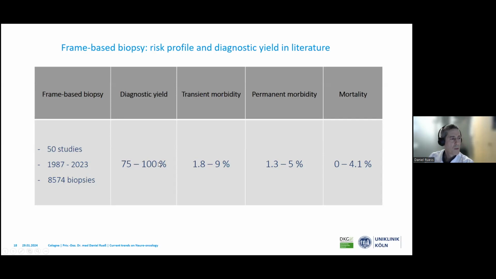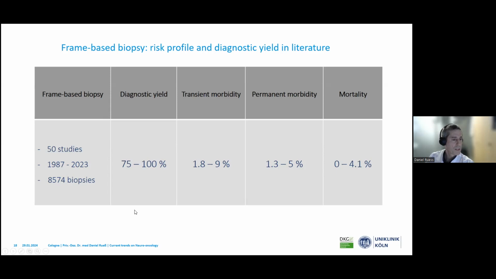And you see there's a wide range of diagnostic yield. There's also a wide range concerning the risk profile. But sure, there are studies from the late 80s, from the 90s, and you can judge them as kind of historical studies. And why do we have this wide range here?